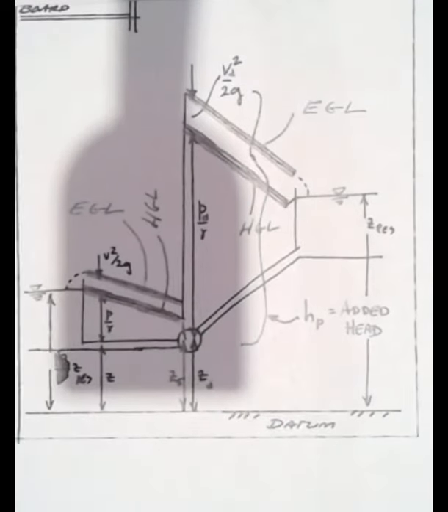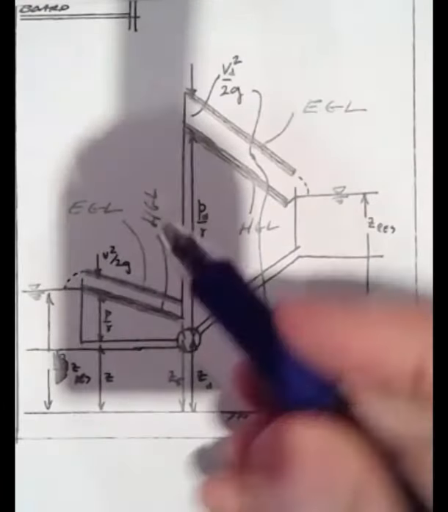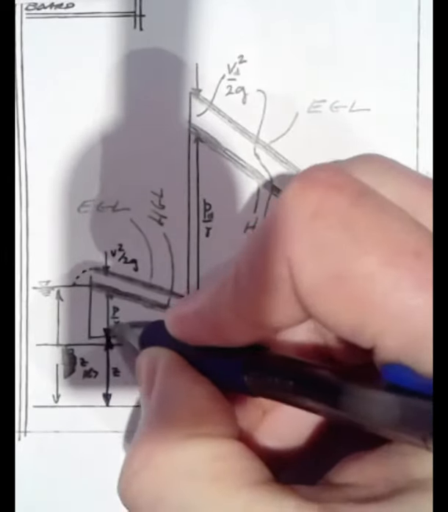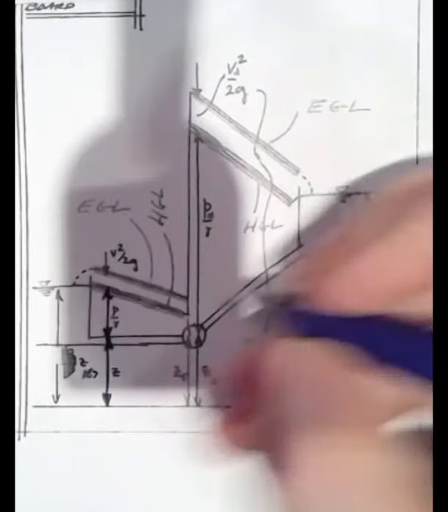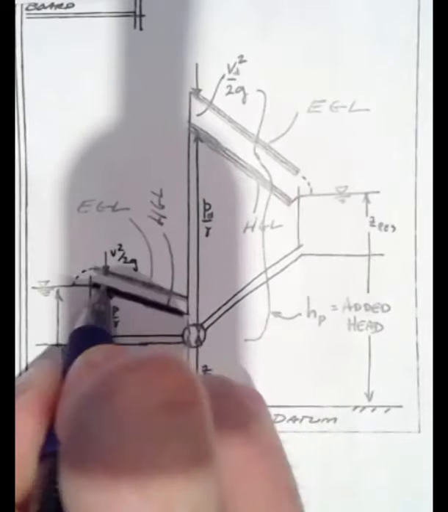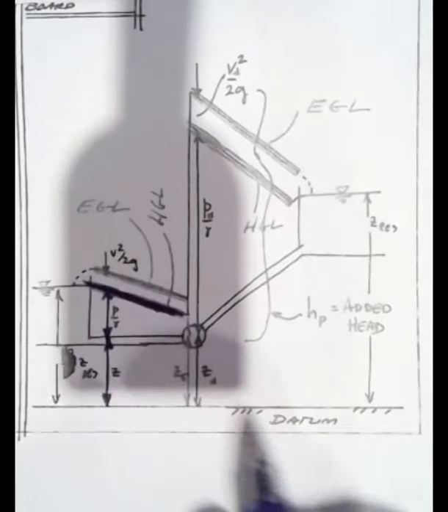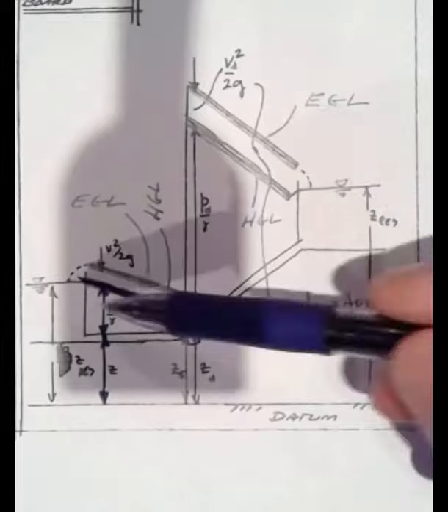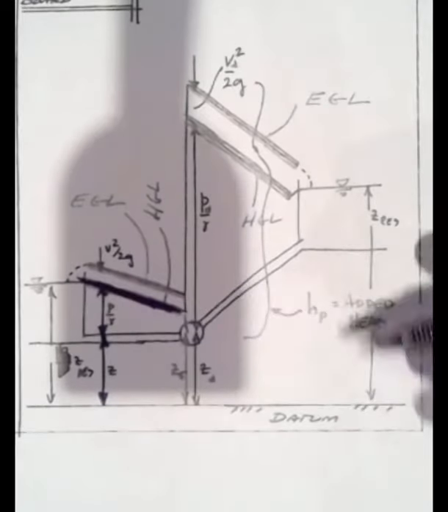Well, let's do the hydraulic grade line first. The hydraulic grade line is going to be the elevation to the center line of the flow plus the pressure head. So here going to the pump, it's like that. The slope of the hydraulic grade line indicates that there's flow from left to right.